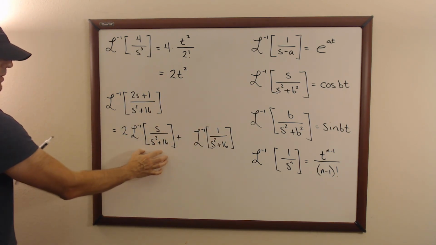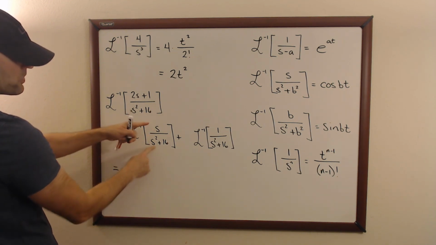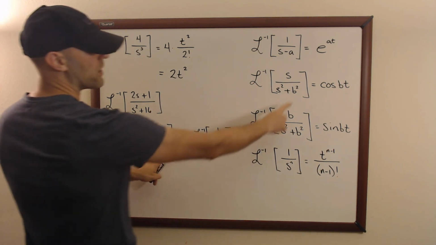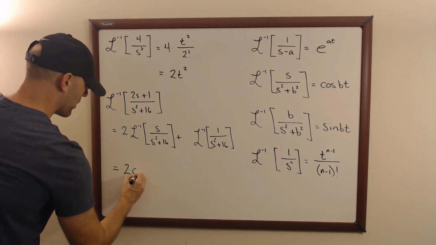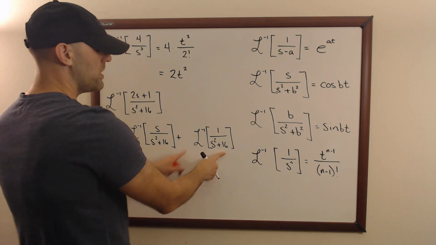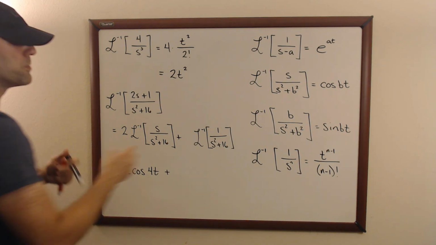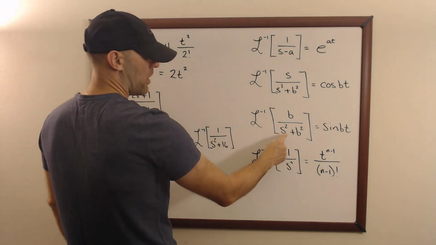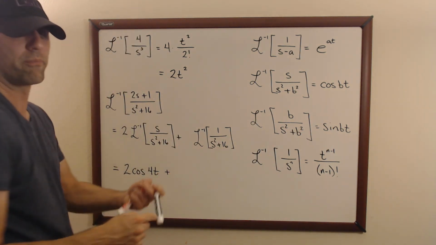This looks ready to go, doesn't it? This is quite literally s over s squared plus 4 squared. That's exactly my cosine formula. This is cosine 4t. This one, not so much, right? This is supposed to be b over s squared plus b squared. And if this is 16, b has to be 4, right?